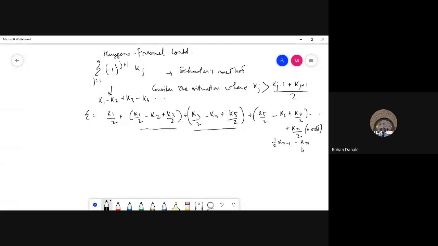Why did we consider this situation where the middle number is greater than the mean of the previous and next? Rohan, you have to consider two types. Once you considered that, the other time you consider the opposite. Either it will be this or it will be that. It can also be equal. The whole thing is, we will write down the series in such a way that this holds.